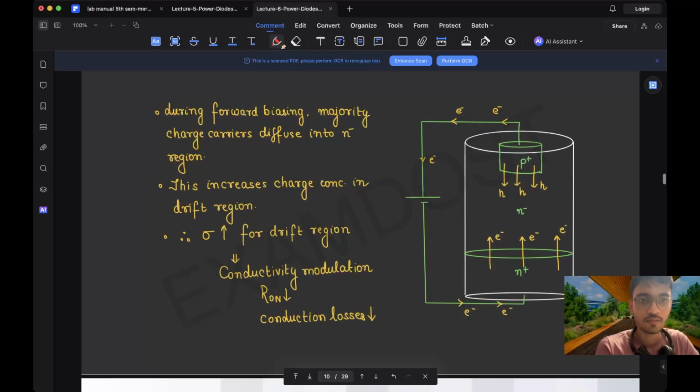Then during forward biasing, what is happening? Majority charge carriers diffuse into the n minus region.